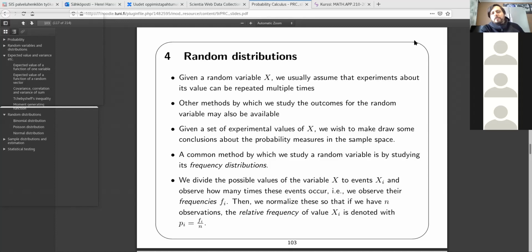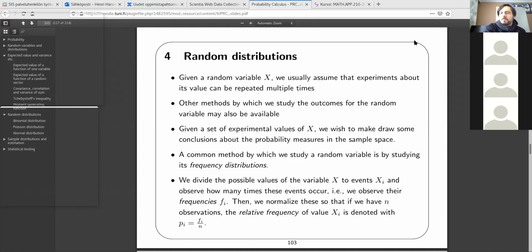So one common way of doing this is looking at frequency distributions. We carry out certain experiments, and we look at how often certain values appear and divide those by the number of observations we made. So if we take an event xi and it occurs fi times in n observations, we come up with this relative frequency pi equal to fi over n.